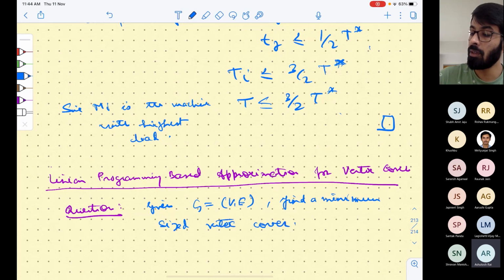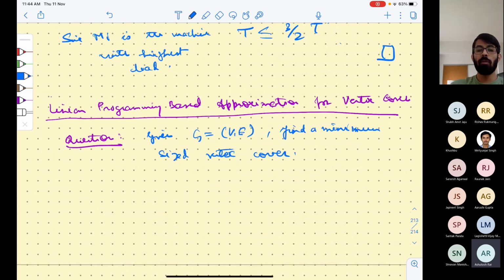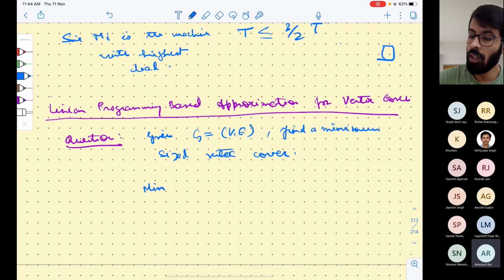Why I want to introduce this problem is because sometimes it is better to formulate a problem in a mathematical way. You can formulate this vertex cover problem as a linear programming problem. So what do we want to do?